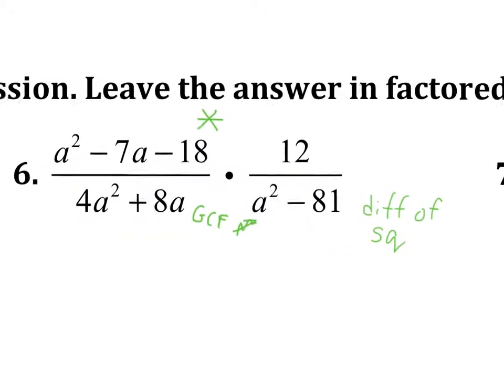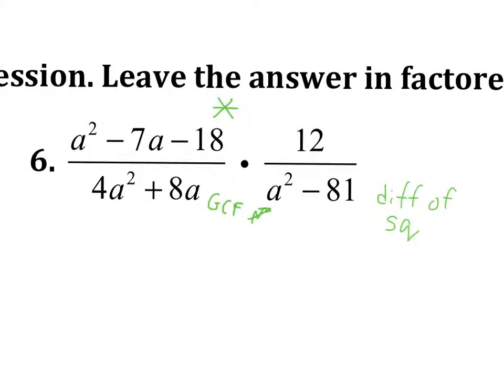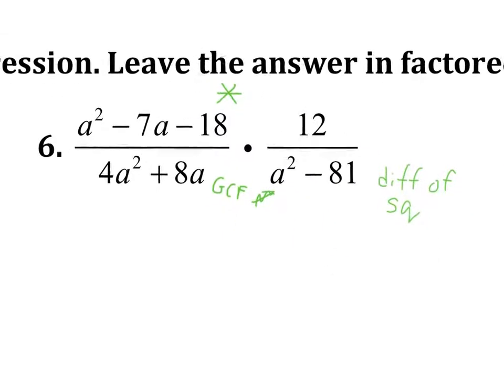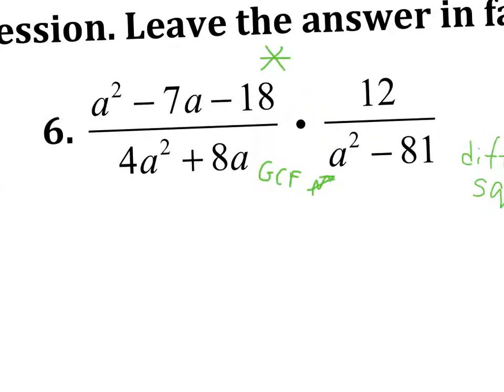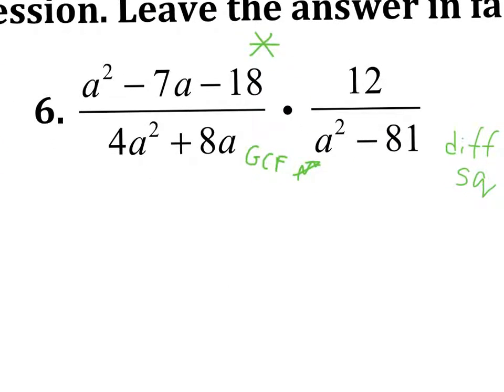So notice in terms of our quadratics, I'm going to use all 3 of my skills: GCFing, snowflaking, difference of 2 squaring, which aren't really verbs. Okay, so let's go ahead, and when you snowflake number 6, the top part there, you're going to get A minus 9 times A plus 2.